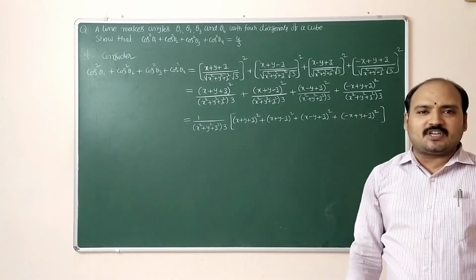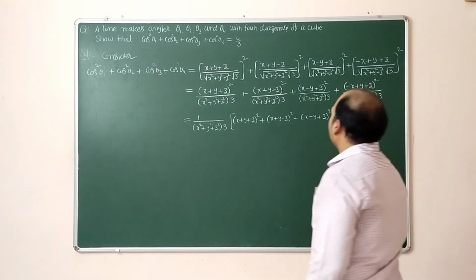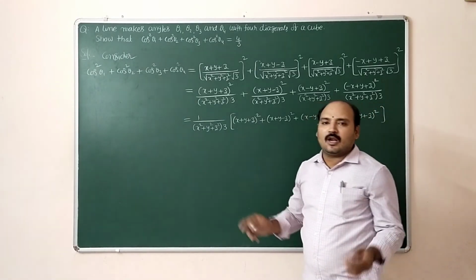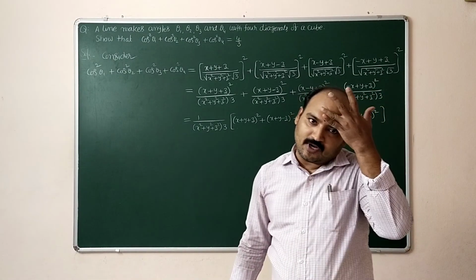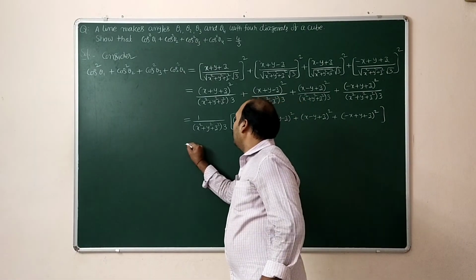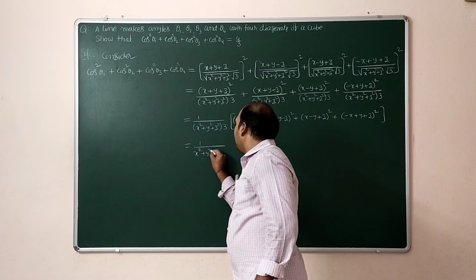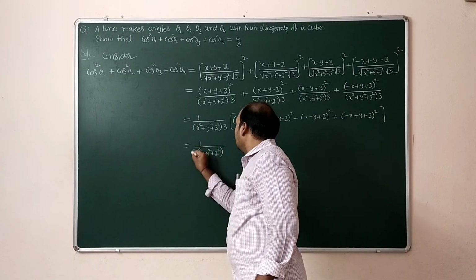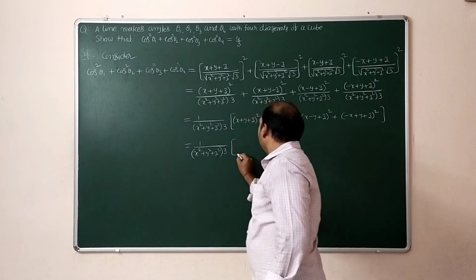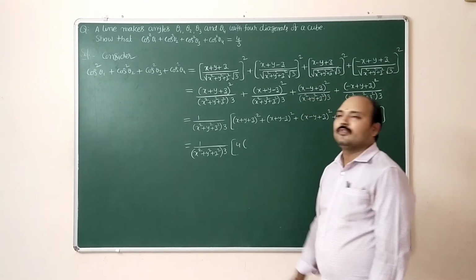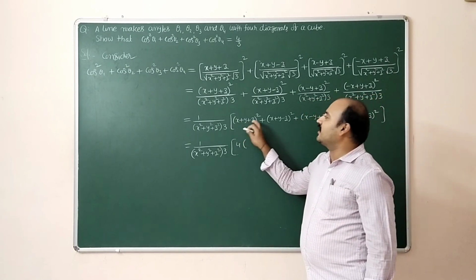After completing this step, 4 terms are there now. Actually in every term you can apply the a plus b plus c whole square expansion. So what we have to do is 1 by x square plus y square plus z square into 3, with 1, 2, 3, 4 terms, so 4 you have to write. After that, the sum of the squares of x, y, z you can write.